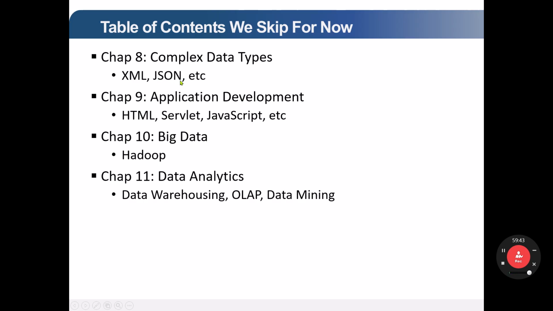This chapter just explains why these complex data types were introduced. It is because of the World Wide Web and the Internet, and people exchange documents in a standard format like XML and JSON. I don't think this is really worth our time at this point. Maybe we will talk about this at the end of the semester when I introduce big data processing frameworks.